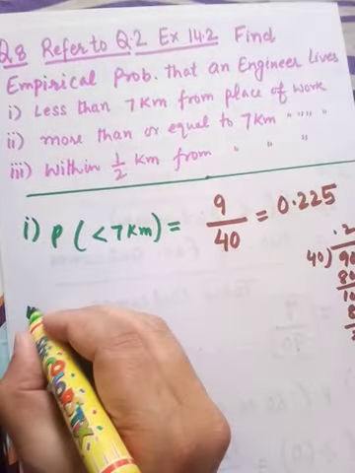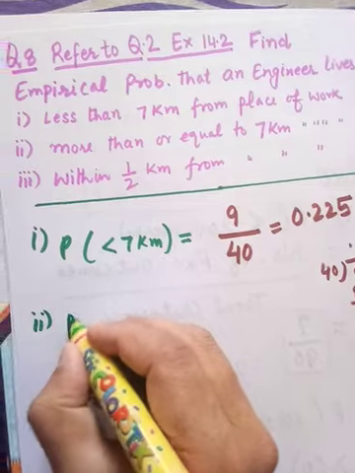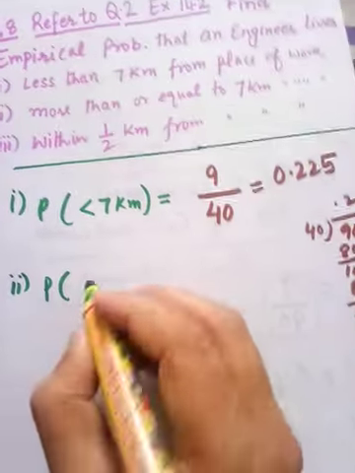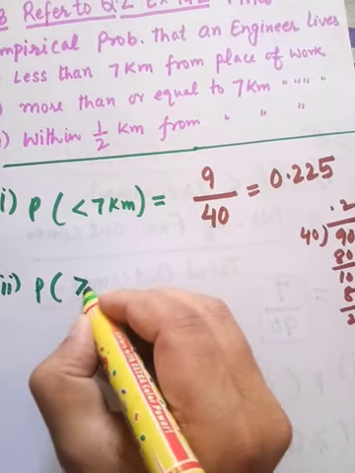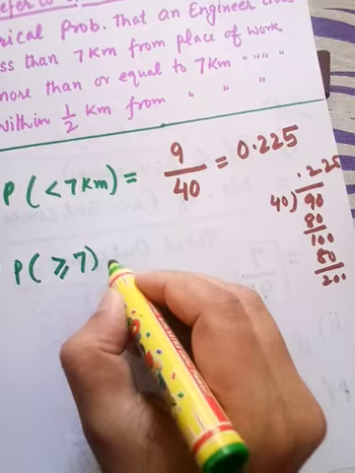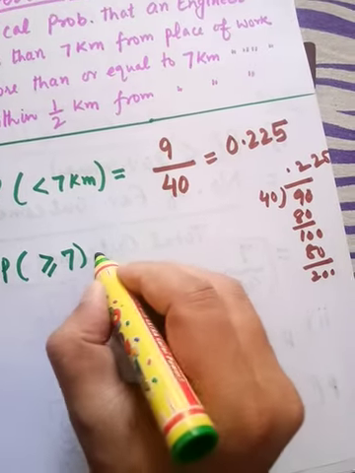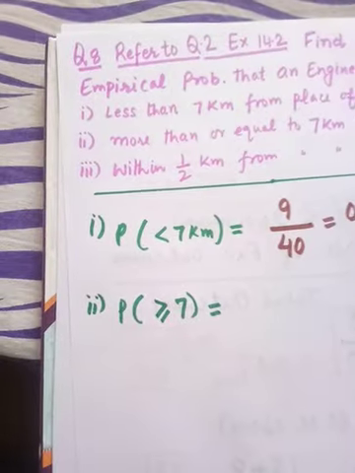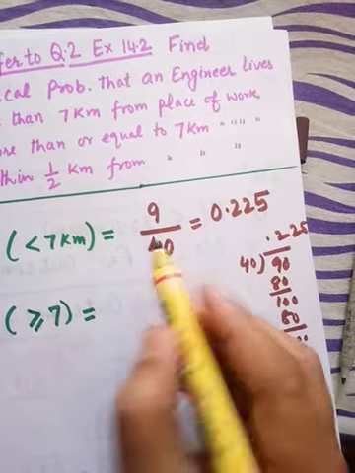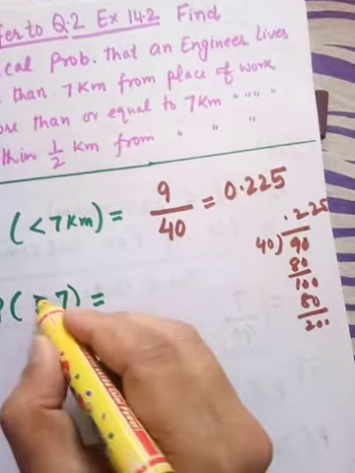Now let's have the second case here. The second case is the probability of the engineers who travel more than or equal to 7, that is, greater than or equal to 7. So children, see now we have to find this. I'll just guide you one step. Less than 7 is how many? 9 out of 40. So the remaining ones are greater than or equal to 7.